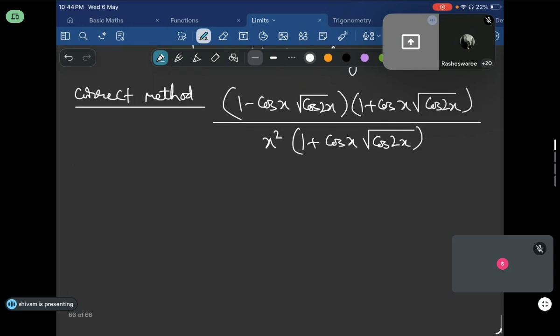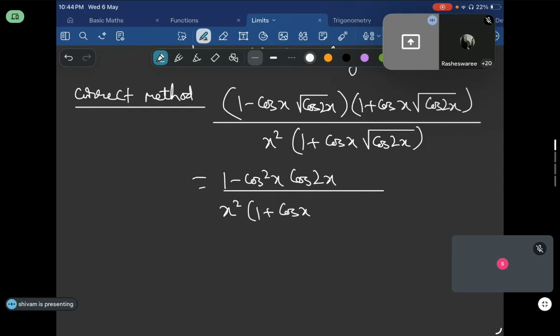So see everyone, in the numerator we are going to get 1 minus cos square x into cos 2x, divided by x square into 1 plus cos x into root over cos 2x. Over here it is free of any indeterminate form, this bracket.